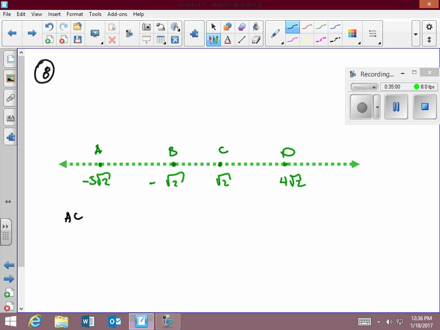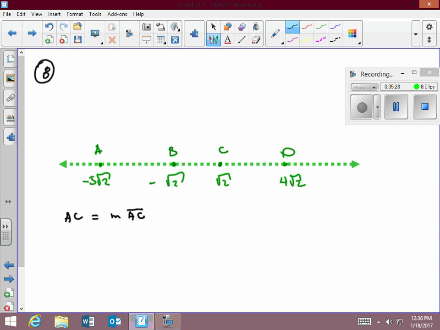Now, to me, I would prefer, if I did that, AC line segment. I think that's clearer, because AC makes me a little nervous.